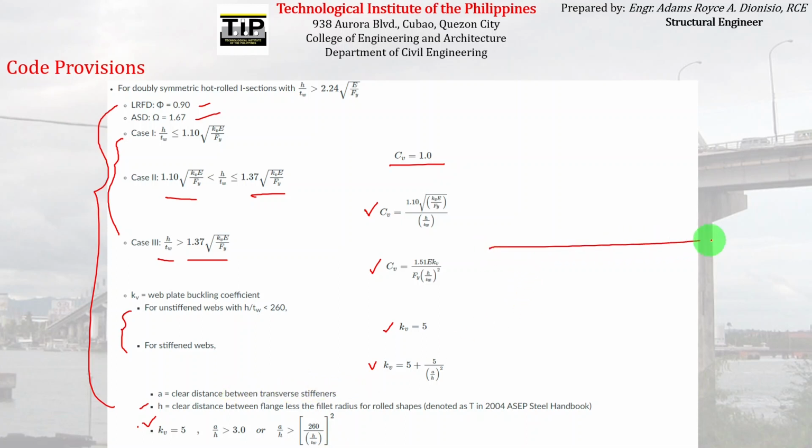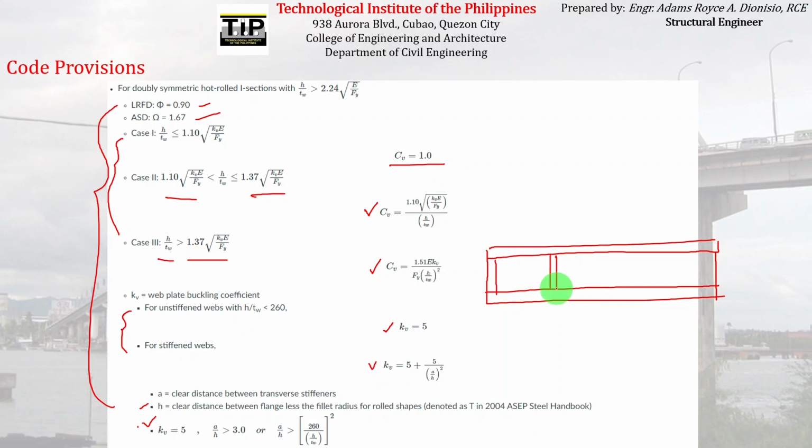So let's go back to the I-beam, the elevation view of an I-beam. So this is the top flange, and then this is the bottom flange. Sometimes we provide lateral bracing for local buckling using transverse stiffeners, which are located here between flanges.